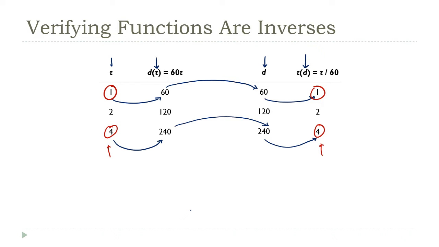We're going to check two things: f composed with g, and g composed with f. Remember, function composition isn't commutative, the order matters, so we have to check both ways. And if both ways we get back x, the number that we put in, then these two functions are inverses of each other.